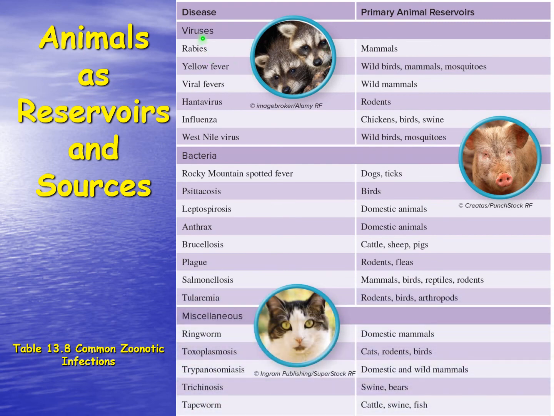So with viral diseases, rabies, and again, any warm-blooded mammal can carry rabies. Yellow fever, some of the other viral fevers, hantavirus is a kind of up and coming new emerging disease. It's actually shed in rodent feces and then picked up as aerosolized particles in the lungs.